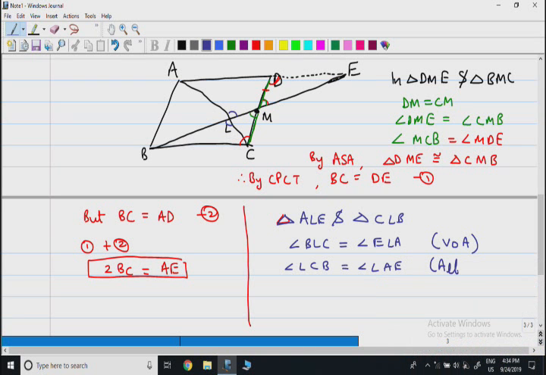This is alternate interior angle. So by angle-angle similarity, triangle ALE is similar to, now naming is important. We are starting with A, so its name should start with C because A and C are alternate interior angles, so it will be CLB.